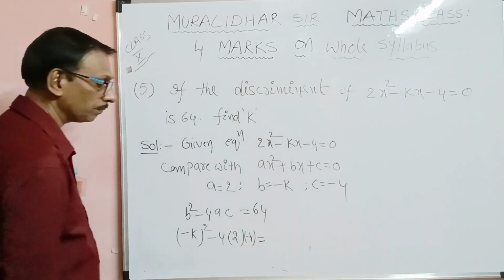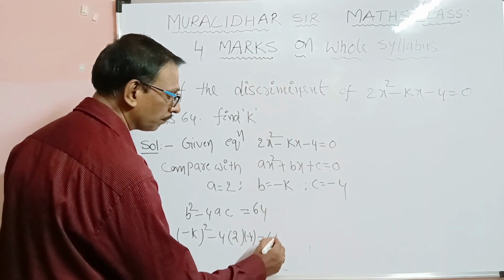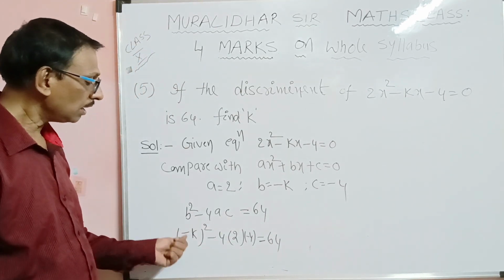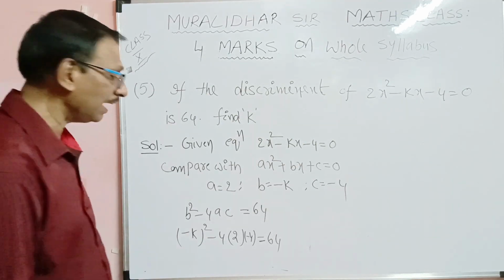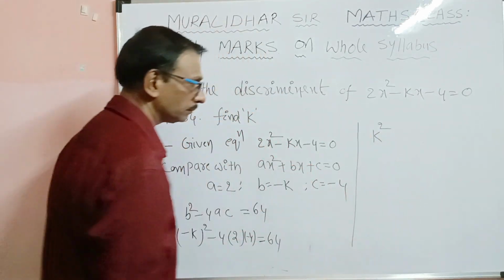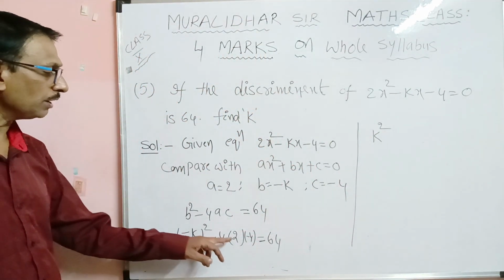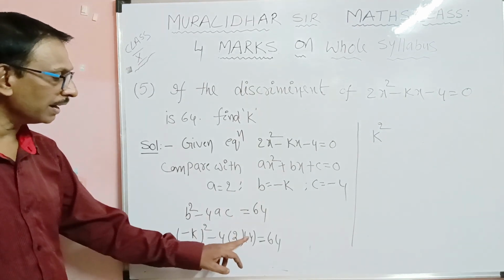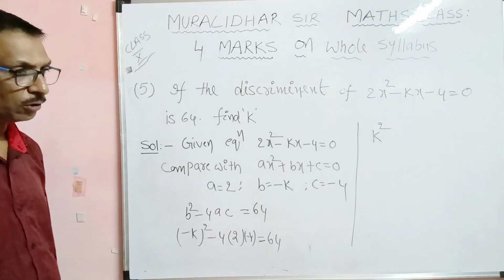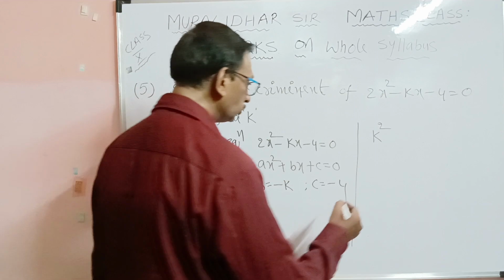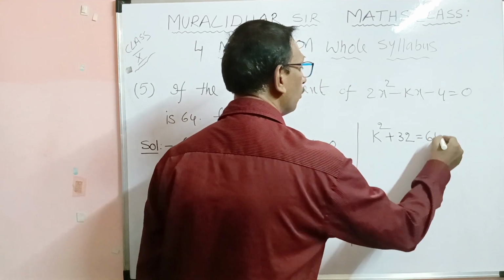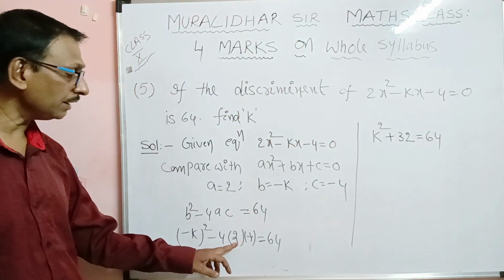That is equal to 64. అంటే b square minus 4ac ఈజ్ ఈక్వల్ టు 64 అని వాడే ఇచ్చాడు. ఆ వాల్యూ కనుక్కుంటున్నాం మనం. మైనస్ kని స్క్వేర్ చేస్తే ప్లస్ k square అవుతుంది. -4ac, మైనస్ ఇంటూ మైనస్ ప్లస్ అవుతుంది. 4 ఇంటూ 2 8 అవుతుంది. 8 ఇంటూ 4 32 అవుతుంది. ప్లస్ 32 that is equal to 64. 4 2s are 8, 8 4s are 32.